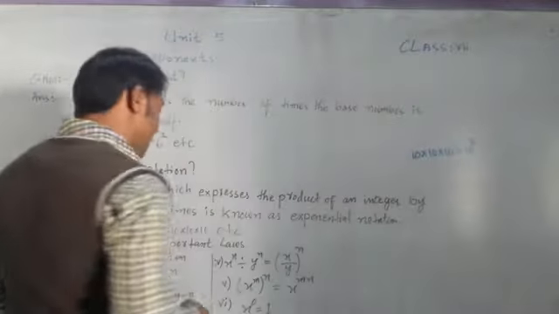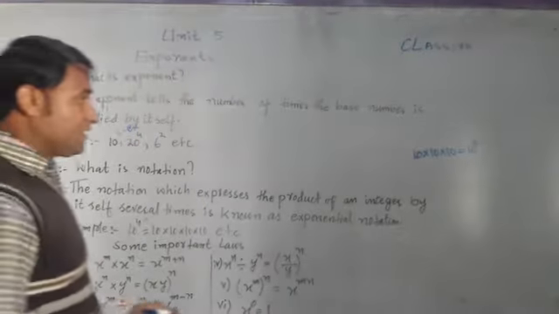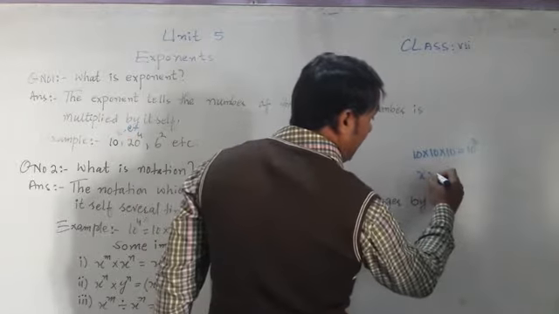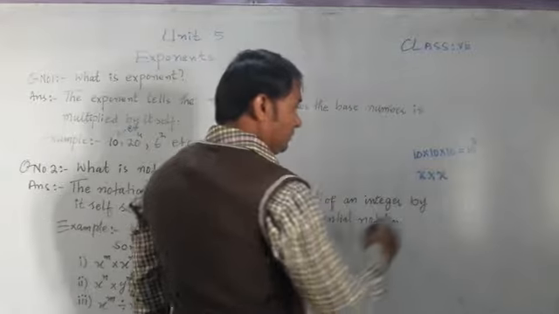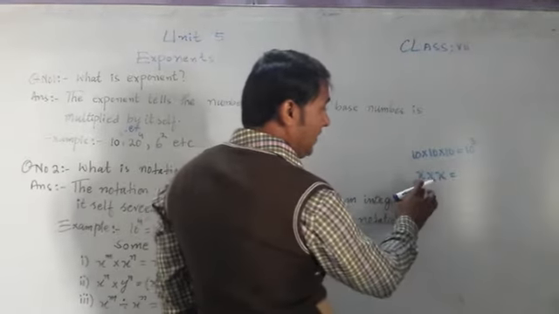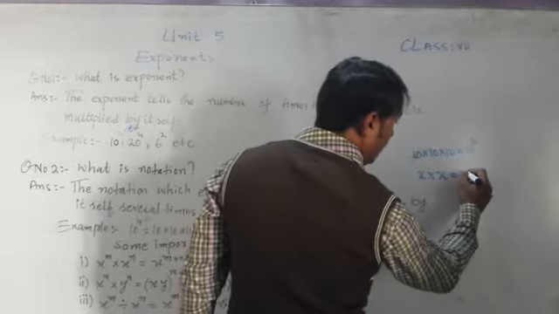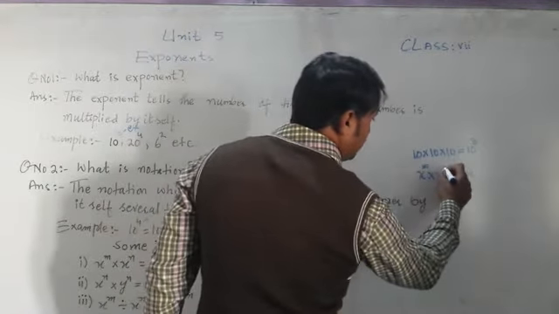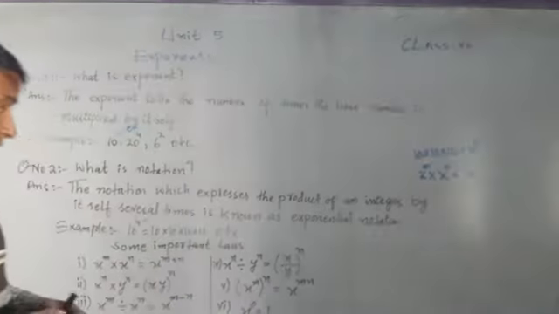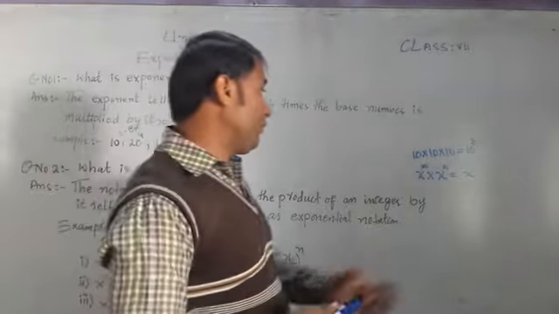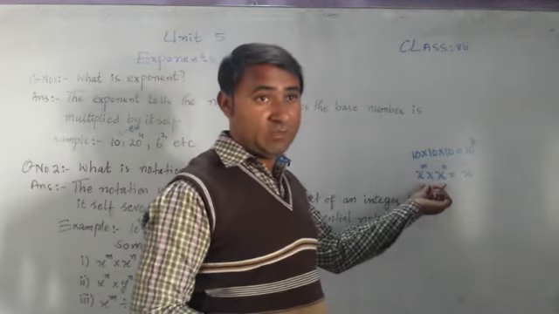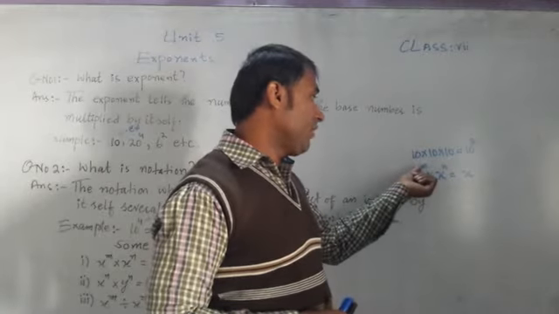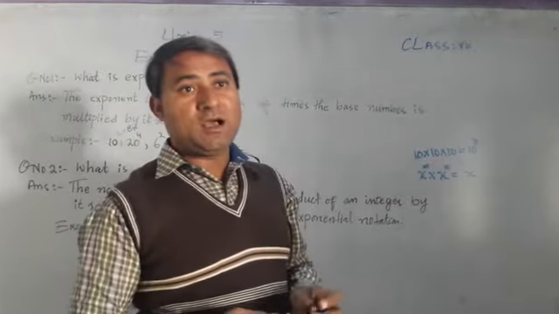Suppose a number is multiplied by itself, so we write the same base. It is a rule that when two numbers are multiplied in algebra and the bases are the same, the powers are added.